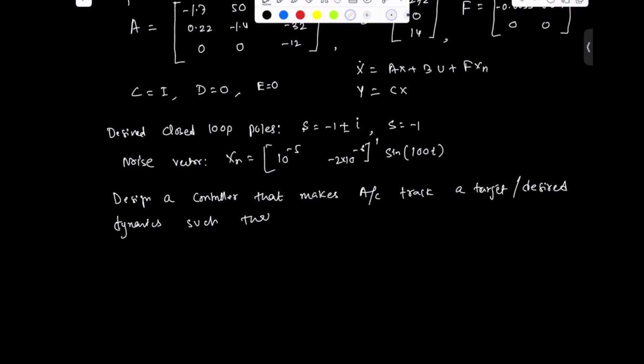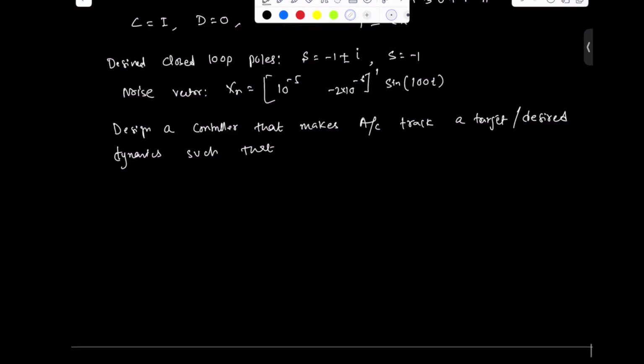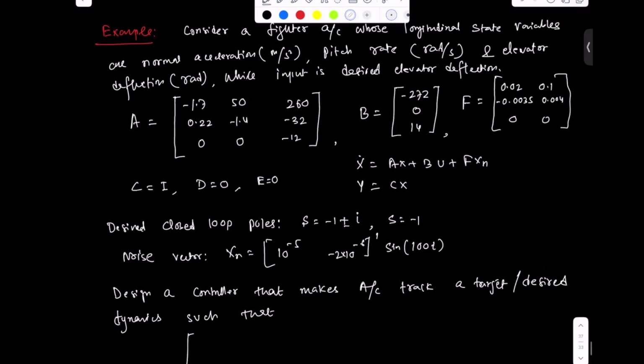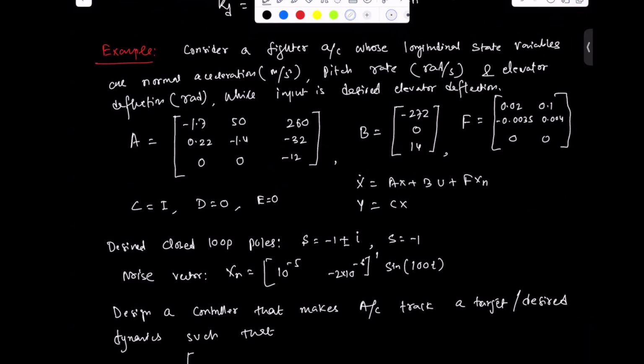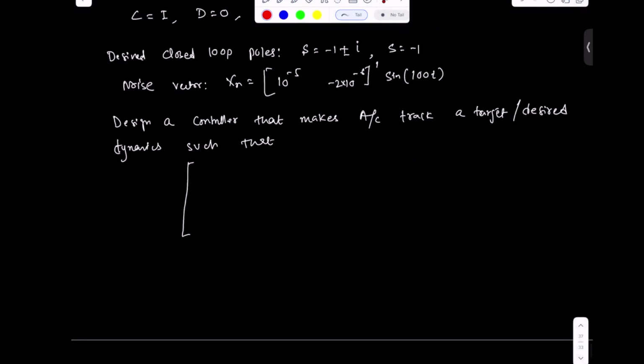We had the states normal acceleration, pitch rate, and elevator deflection, which can follow the desired dynamics here.